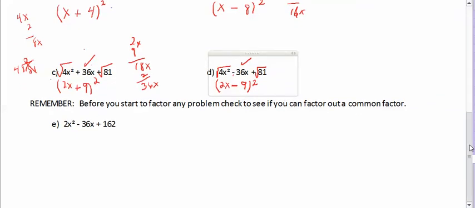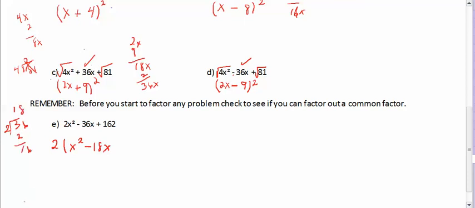Alright, the last one. I look to see if there's anything that I can take out of these. And it looks like a 2 because they're all even. So if I take a 2 out of here, I get x squared. If I take a 2 out of here, I get negative 18x, I think. So 36 divided by 2 is 18x.